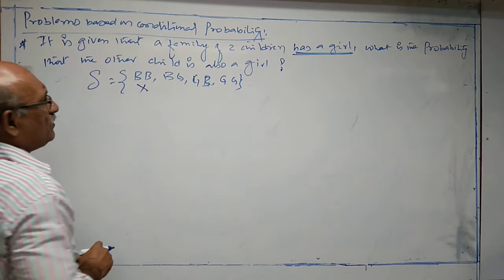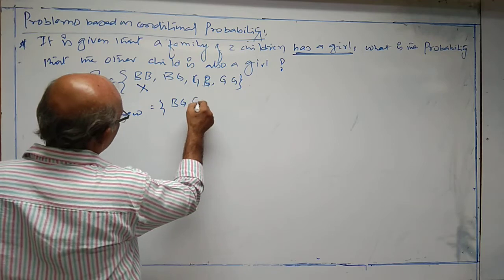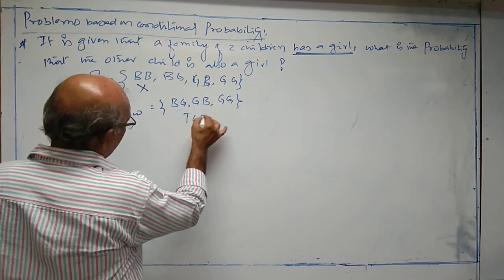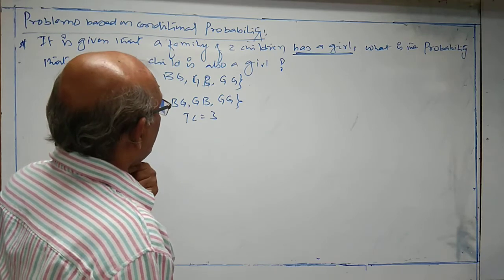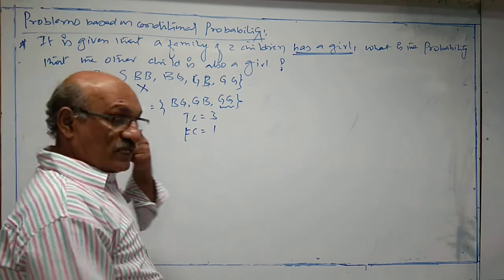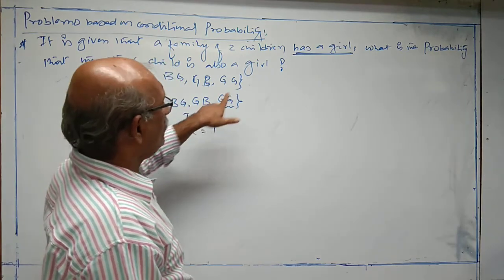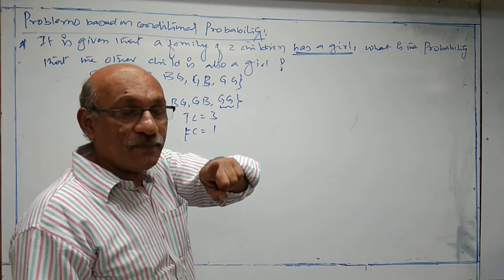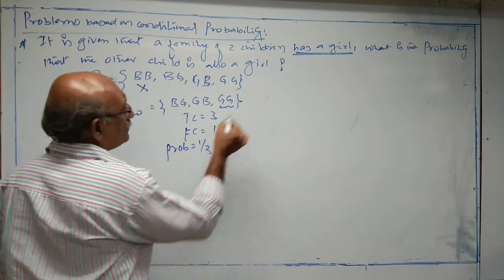So eliminate this case from the picture. Sample space now has boy girl, girl boy, and girl and girl. Total number of cases are 3. What is the probability that the other child is also a girl? Favorable cases are 1. Family is having a girl means one is girl, the other one is also a girl. It is not first one girl, beta. That I will take up again. So probability is equal to 1 by 3.